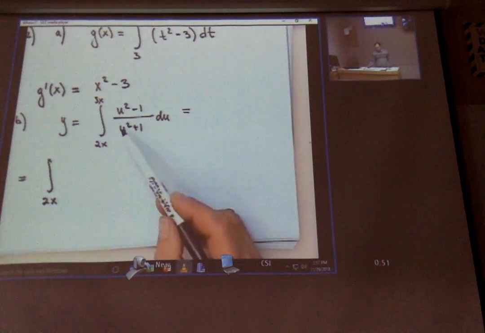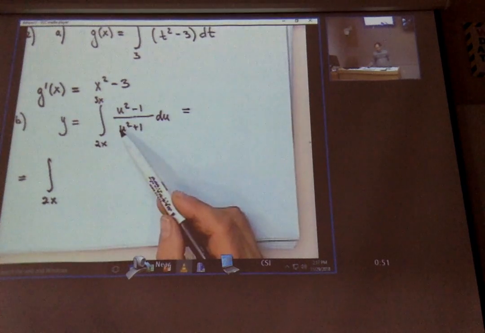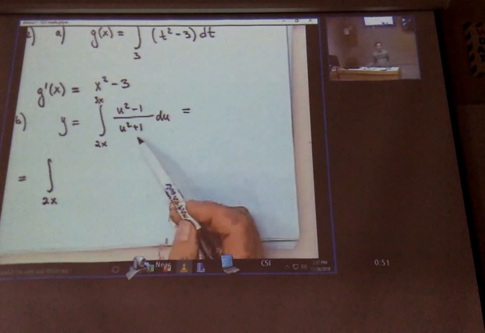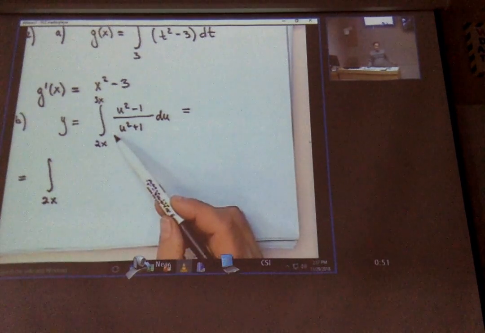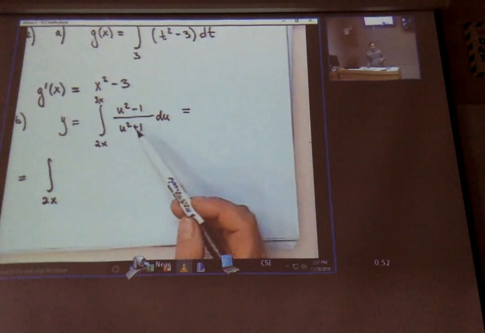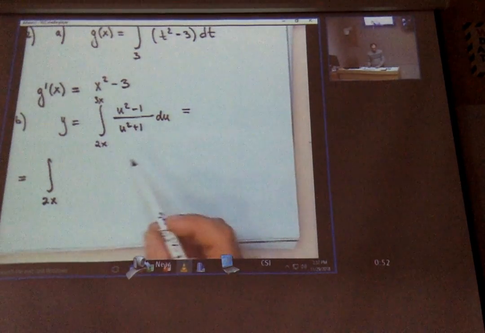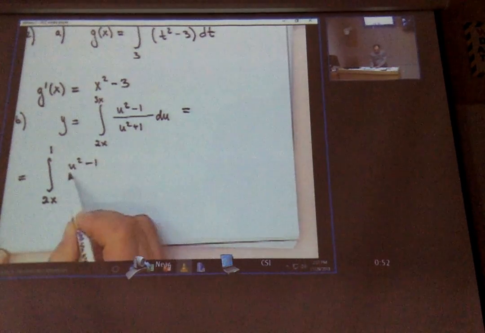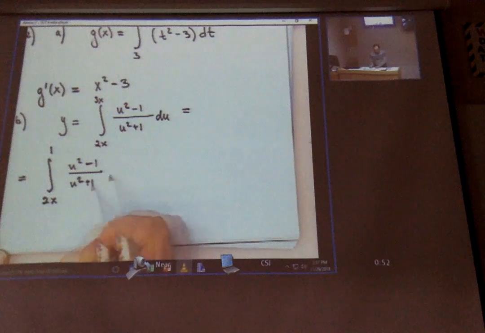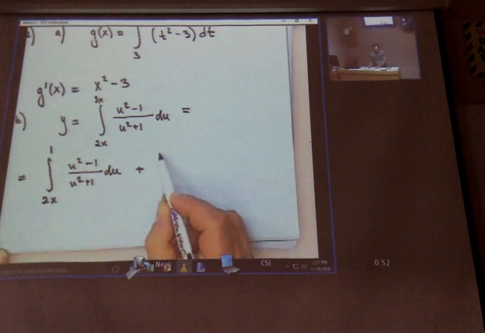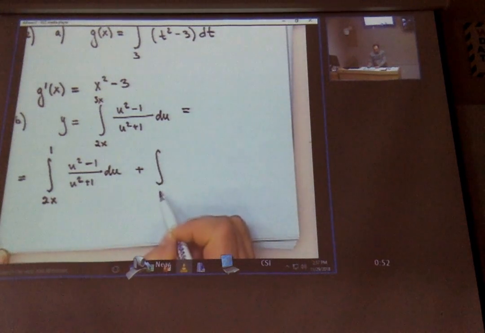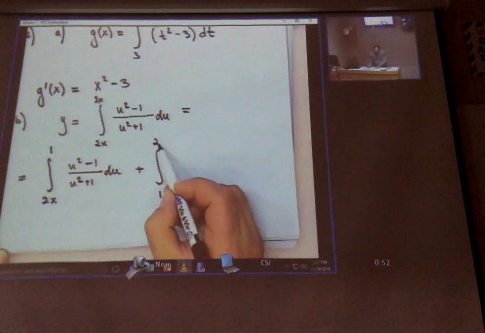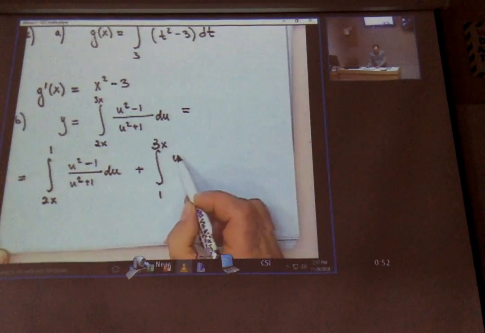But I'm perfectly fine here because u squared plus 1 is always positive, so no matter what I put there, I will never get 0. You understand? So if you want to put 1, that's fine. Then I have the integral of (u squared minus 1) over (u squared plus 1) du, and the second integral will be from 1 to 3x, and it's the same function.